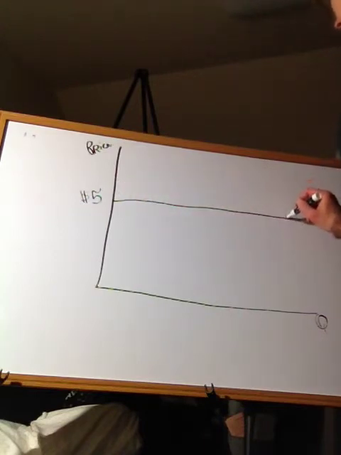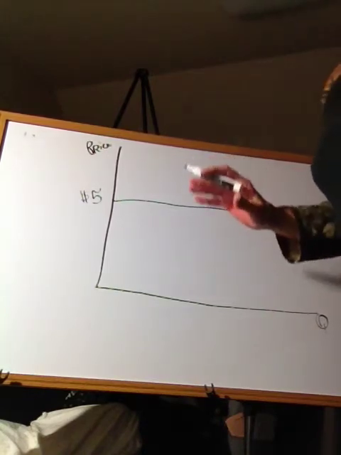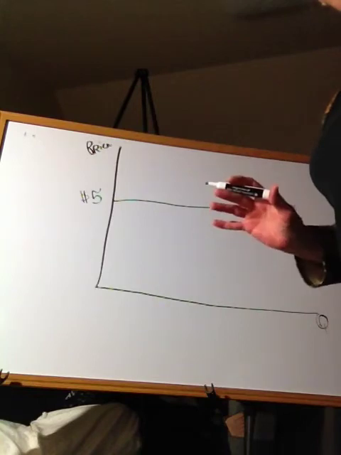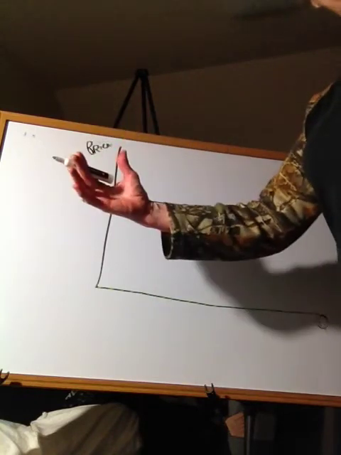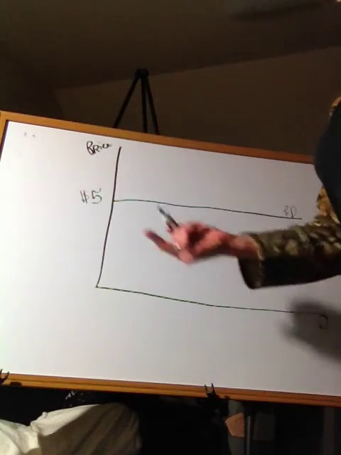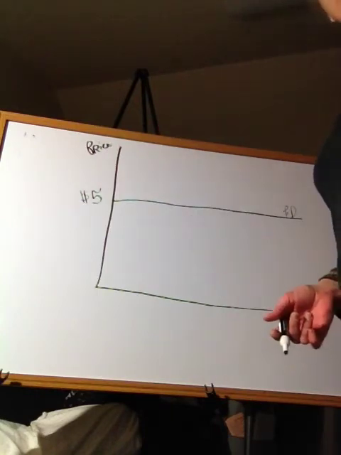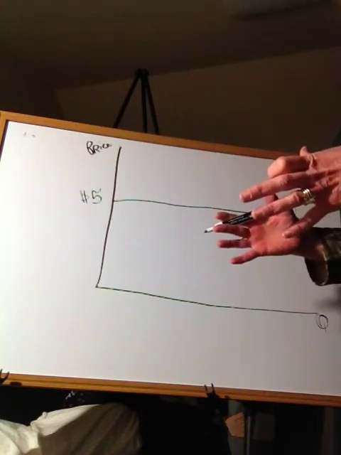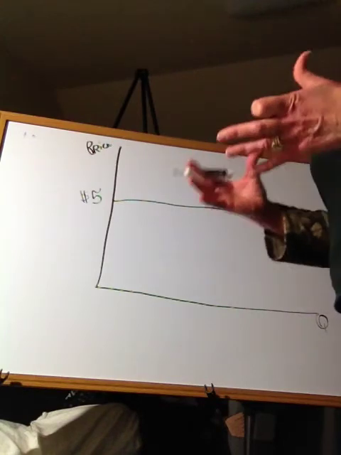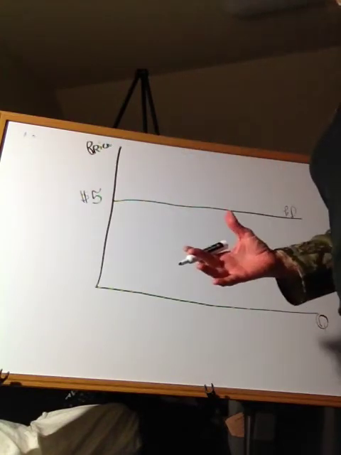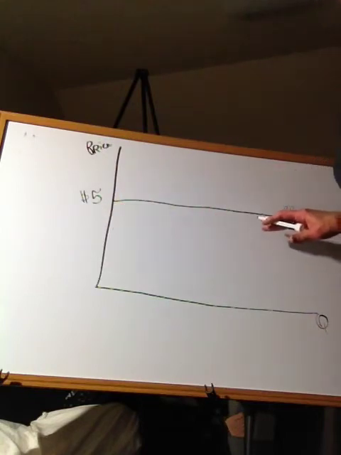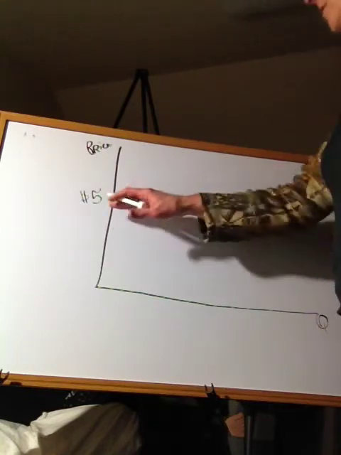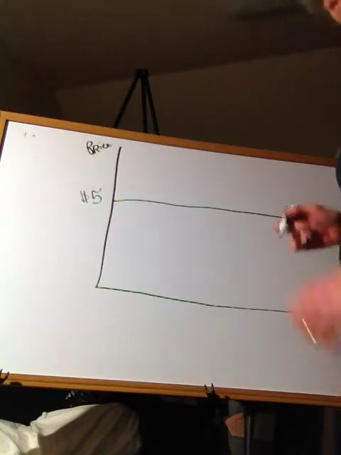So we say that the price equals the demand, and we also say this represents marginal revenue. What is marginal revenue? It's the additional revenue that he gets from selling one more bushel of corn. So the great thing about perfect competition is that no matter what your price is, that's what your marginal revenue will be. So if the price is $5, the marginal revenue will be $5. This also represents the demand curve.